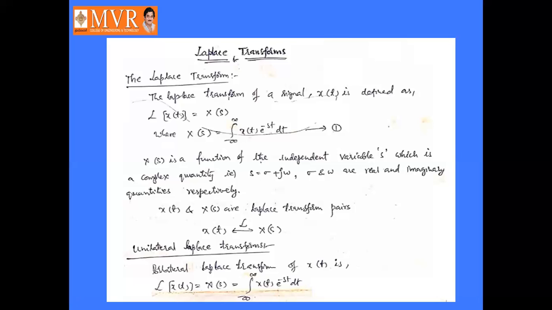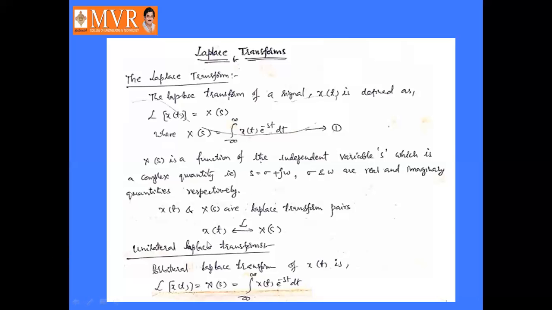Here x(t) and X(s) are called Laplace transform pairs. So the Laplace transform is represented like this: L{x(t)} = X(s).